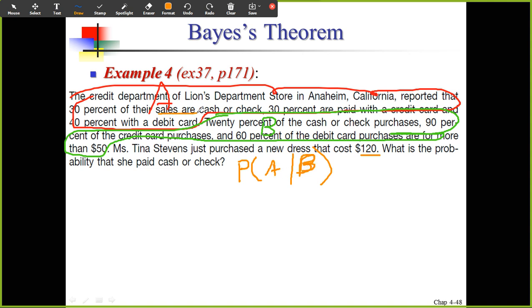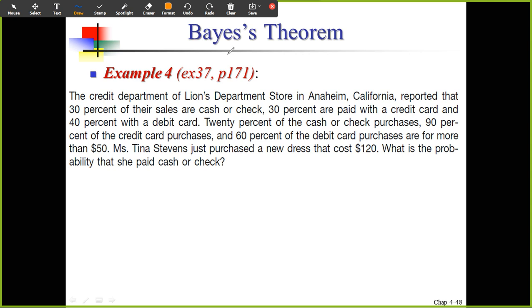Because A is by cash, coming first, I put A1. This is how I analyze the cash case for you.